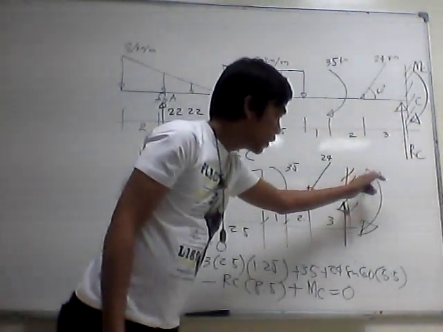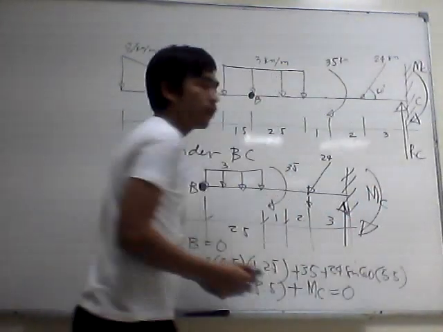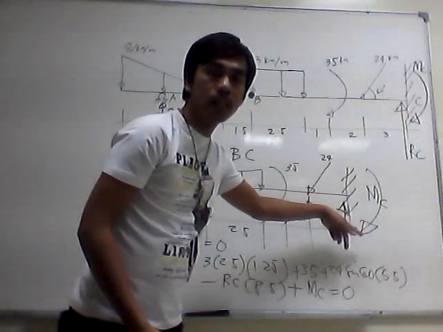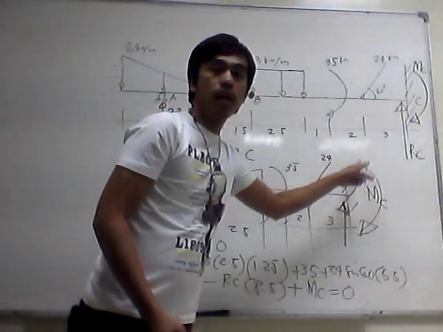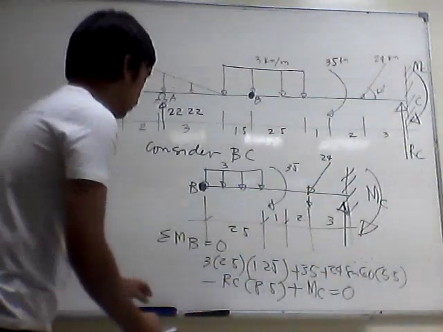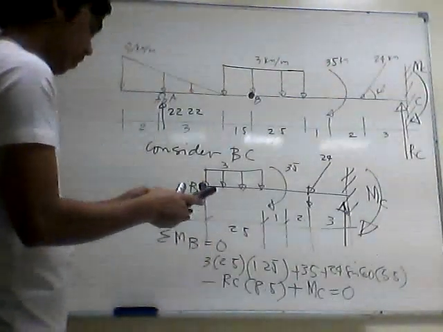Take note that we only assume the direction of MC here. If the answer is negative, meaning the assumed direction is incorrect, you have to place it in the reverse direction. So we can now solve for the moment at C using that equation.